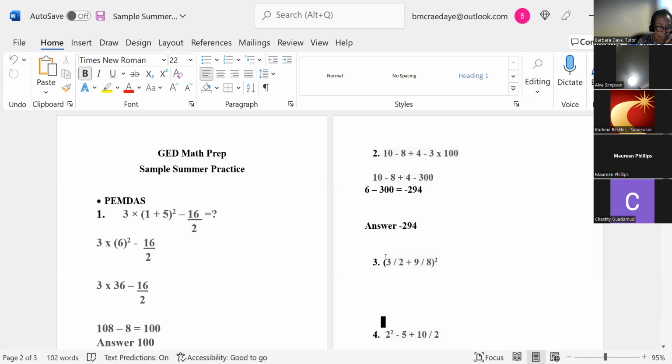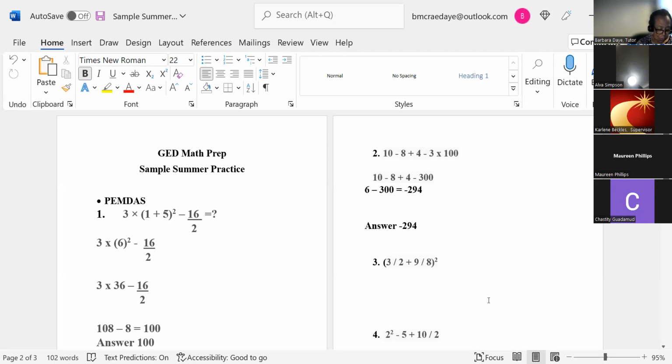Now you could take these separate and square them, right? 3/2 squared plus 9/8 squared, or if you want to combine them and square them, either way, you get the right answer. Yeah, you can give me an answer in fraction.